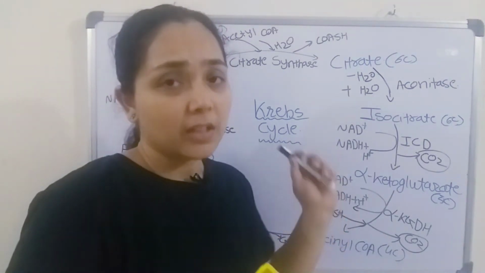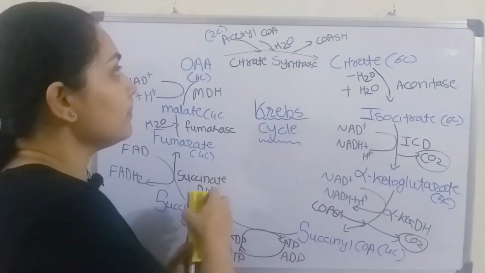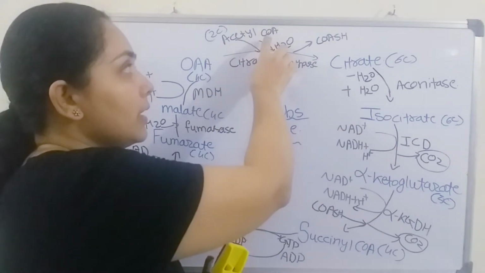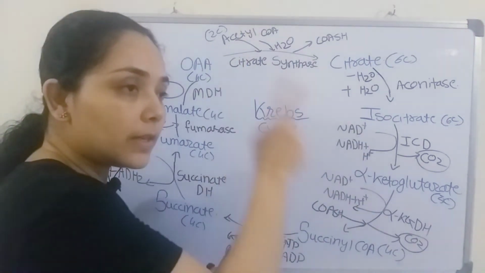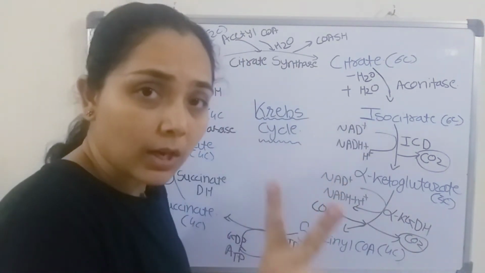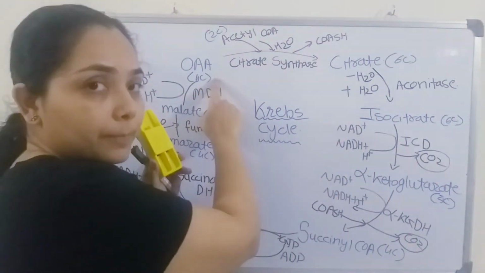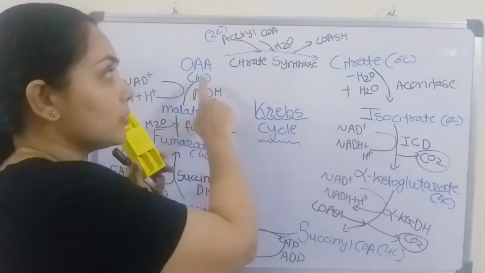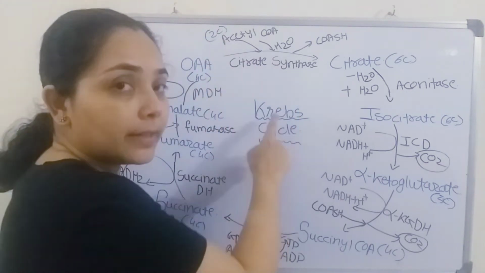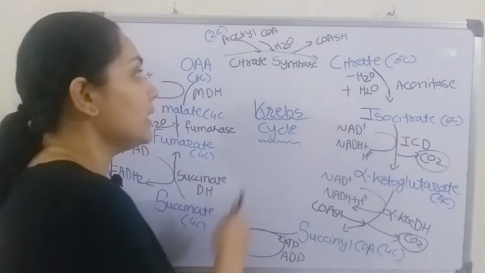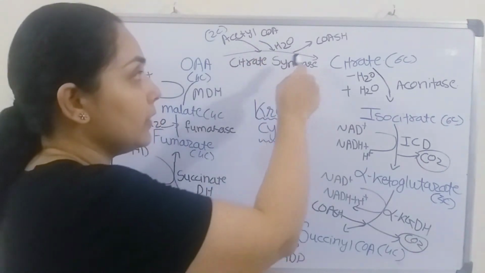First, a quick review of the Krebs cycle. Acetyl CoA, which is a 2-carbon compound, first condenses with oxaloacetate, which is a 4-carbon compound, in the presence of the enzyme citrate synthase, and one water molecule will add here.